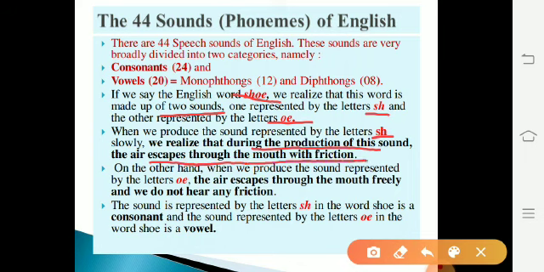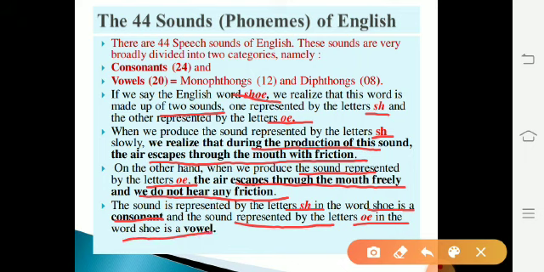On the other hand, when we produce the sound represented by oo, the air escapes through the mouth freely and we do not hear any friction. So, the sound represented by sh in the word shoe is a consonant, and the sound represented by oo in the word shoe is a vowel.